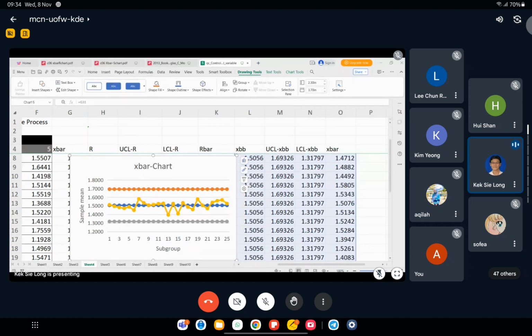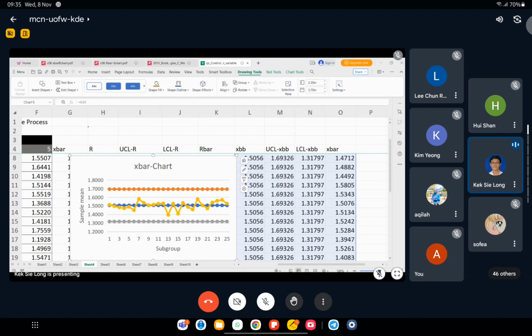But there are so many calculations. So make sure you can calculate the values, especially X bar, R bar, and then calculate the control limits. To calculate the control limit is not a problem. The problem is if we are given many data, like this example, one subgroup of 20 and then we have 5 subgroups.